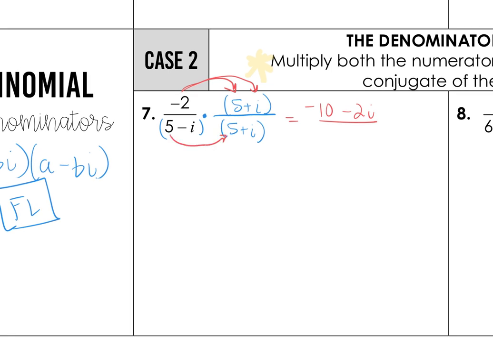So I'm going to do 5 times 5, that's my first 2 terms, to get 25. And then I'll take the last terms. Negative i times i, I get negative i squared. Now we're going to do this just like we did those previous problems up above. We'll replace our i squared with a negative 1. So I'm going to have negative 10 minus 2i all over 25 minus negative 1.